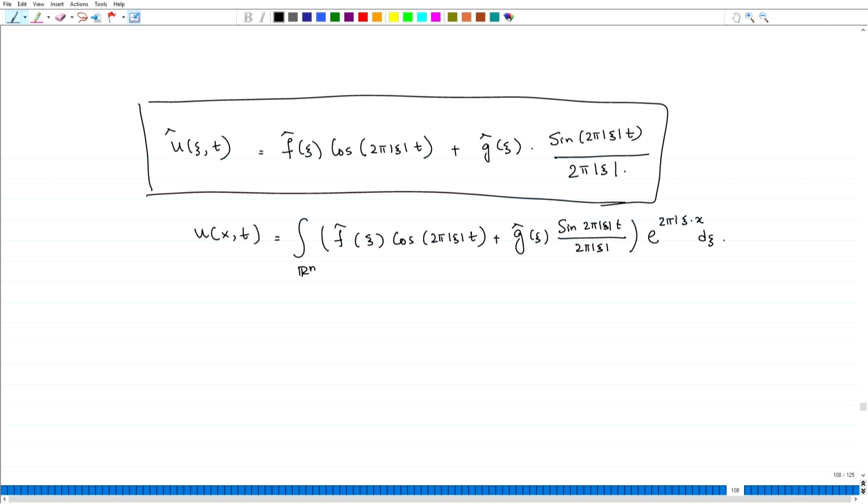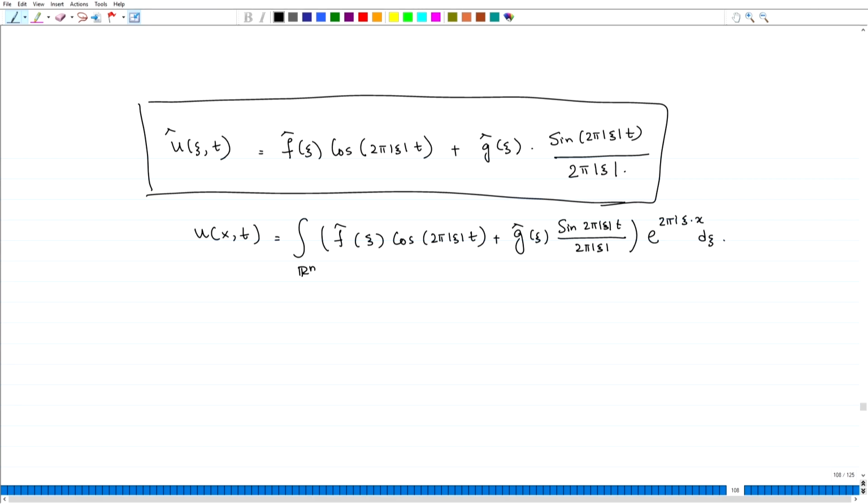This is going to be the solution of the wave equation we had considered. Obviously, u of x comma 0, if we take it, is f hat of xi, this other term is going to vanish. So, this is f of x, and u_t of x comma 0 is, by Fourier inversion, g of x. So, this is the solution. As a matter of fact, one can show that this solution is unique, but in the present lecture we are not going to address that problem.